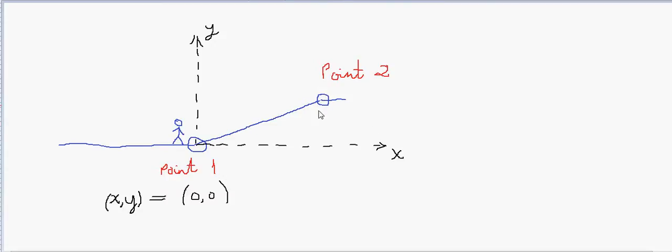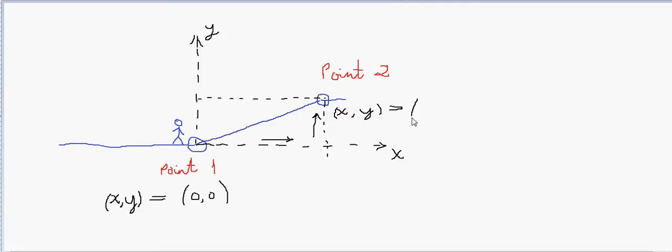And when the man rises, he's at a much higher point here. At this point, x and y have different coordinates now because the man has moved right and up at the same time.